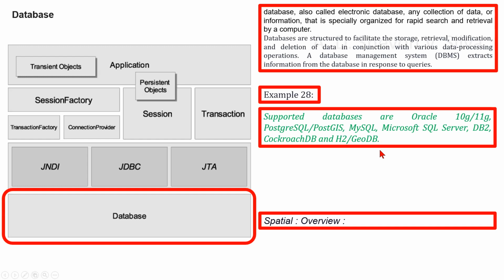Spatial data types are not part of the Java standard library, and they are absent from the JDBC specification. Over the years, JTS has emerged as a de facto standard to fill this gap. JTS is an implementation of the Simple Feature Specification, SFS.